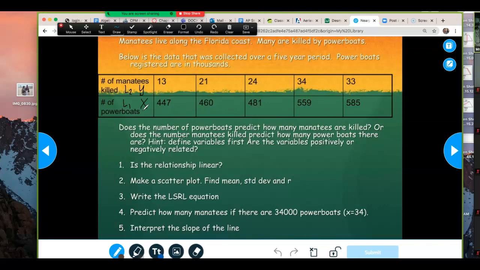Press zoom 9 and you should see a scatter plot. So there's my scatter plot. 5 points. 5 points on the graph. Looks kind of straight.